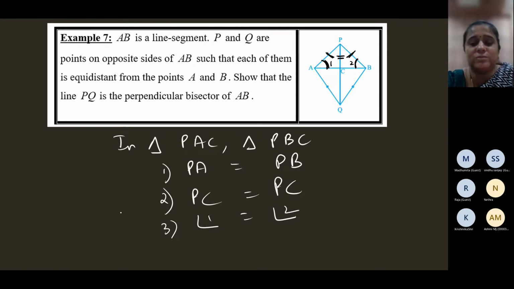So what rule does this make? We have two pairs of equal sides. So SS. Is it SAS? Yes, ma'am. No, ma'am. The angle is not the included angle.